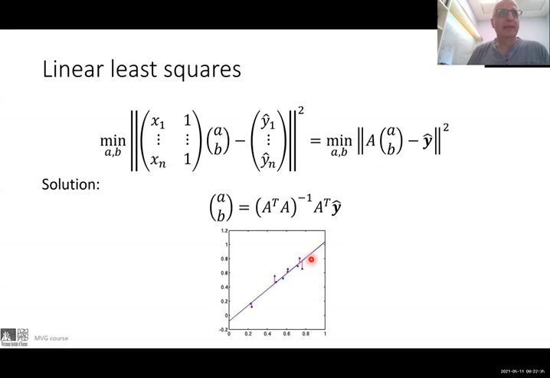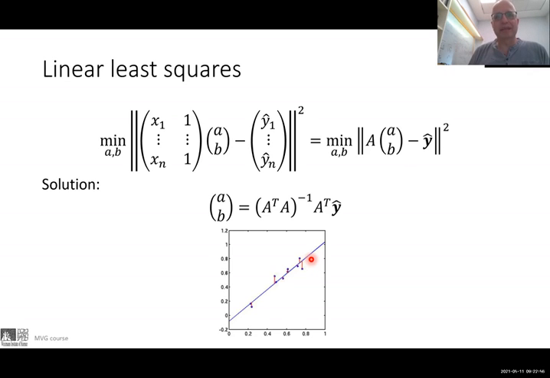Okay, so this is the linear least squares solution, and it is useful when the x value is known accurately, but the y value is obtained with noise.